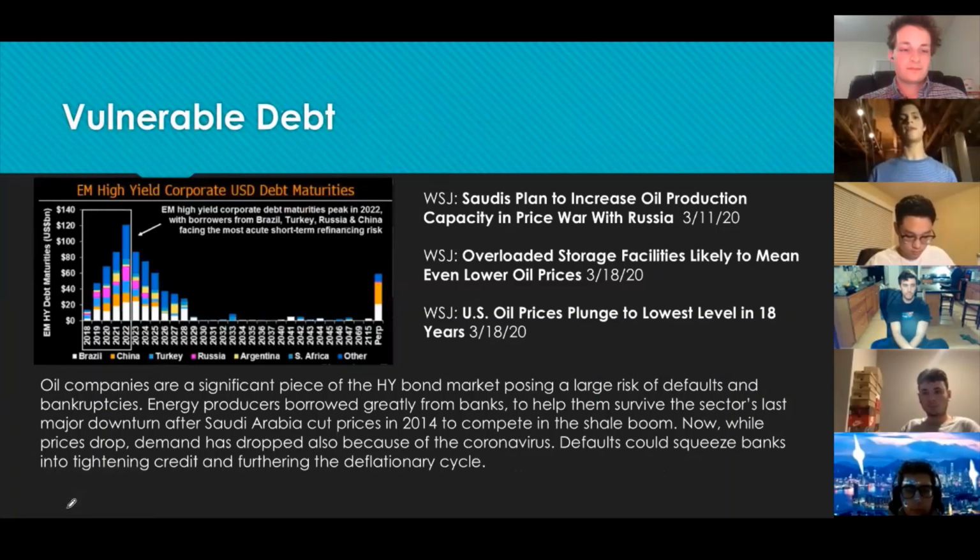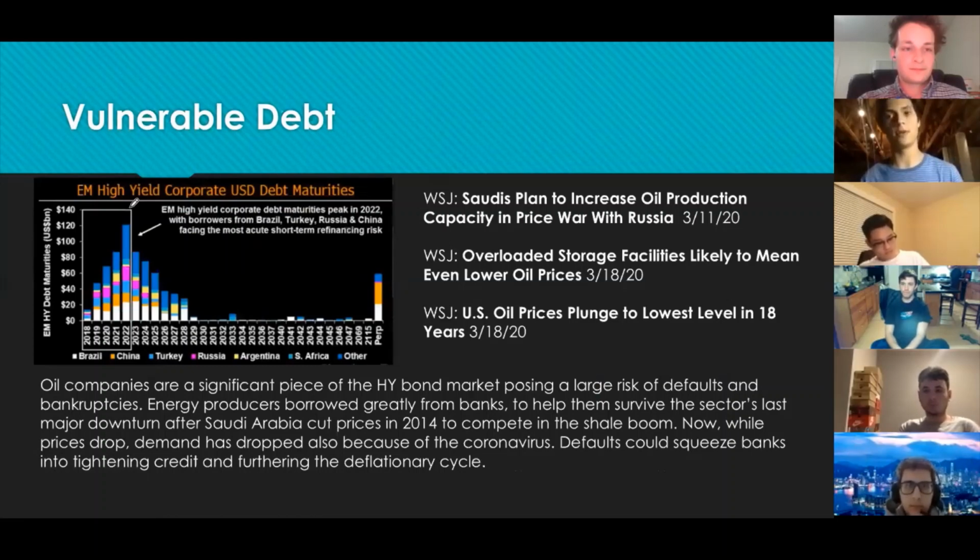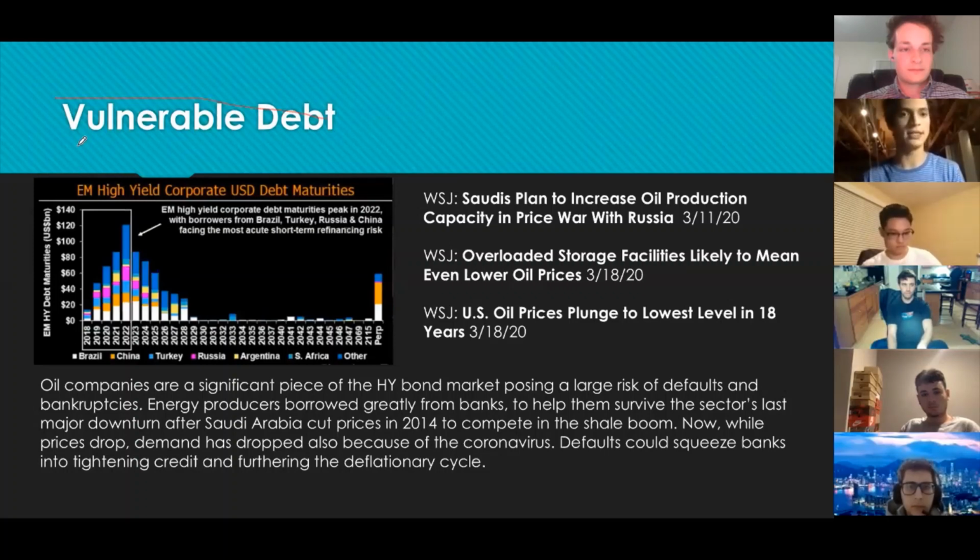So now that we have this idea that the economy's too leveraged, making it vulnerable for when the coronavirus hit and just completely stopped demand and diminished supply, we're going to dig deeper, in more detail, into the debt.